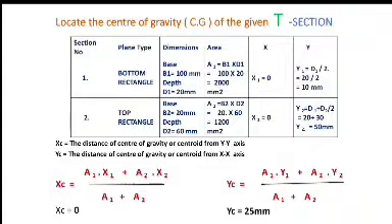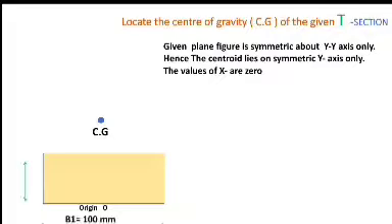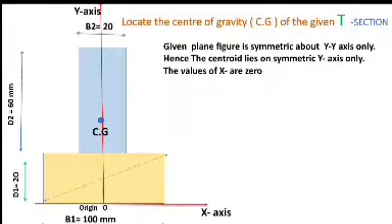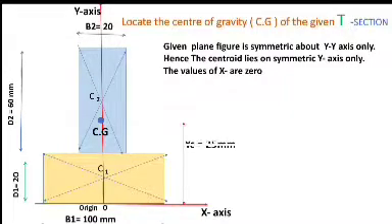Now I am drawing the final position of the centroid. Here I am showing the position of CG. C1 and C2 are the individual centroids, whereas CG is the centroid of the entire T section at a distance of yc equal to 25 mm. x equal to 0 because the given section is symmetric about the y-axis.